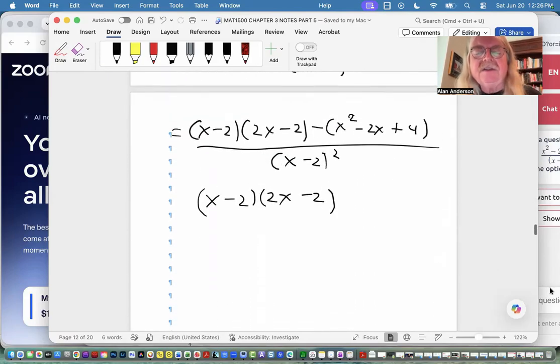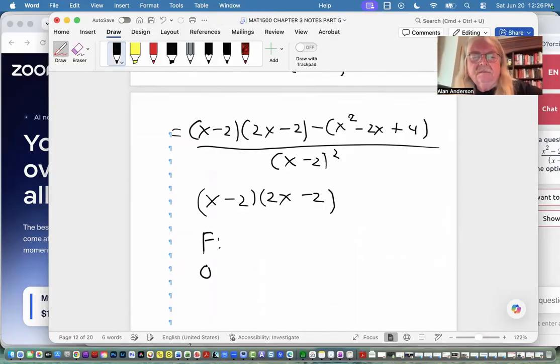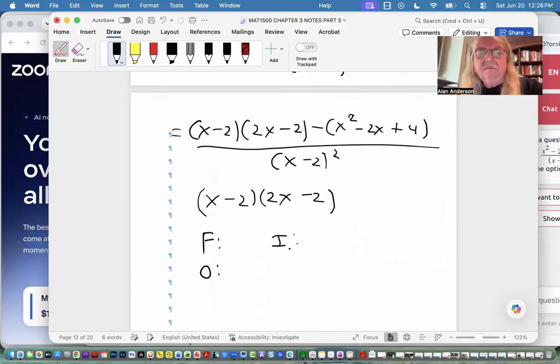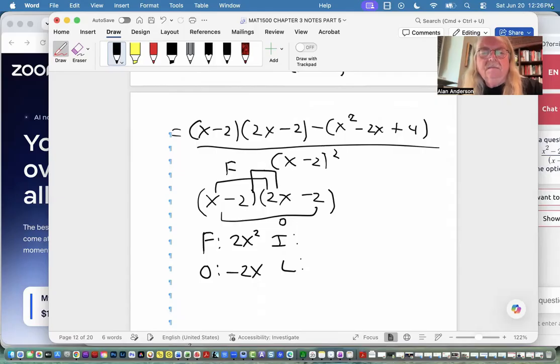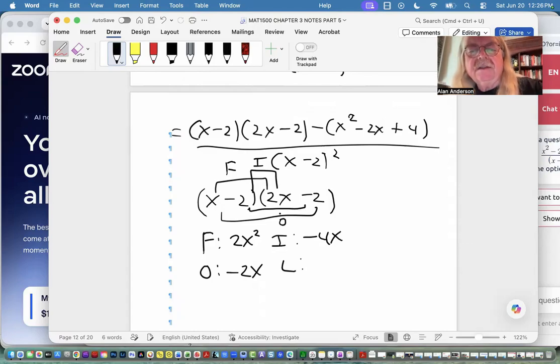All right, here we go. So let's multiply these out with FOIL. So FOI, and then last is these two, which is positive 4.